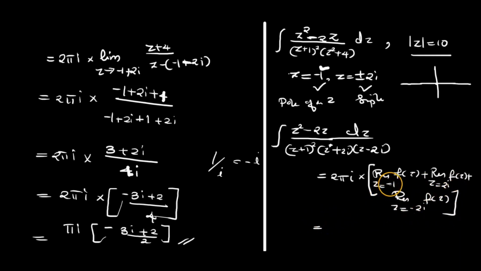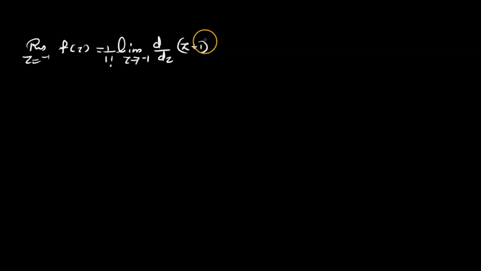The residue at z = −1 we can calculate separately. z = −1 is a pole of order 2, so we can use the formula. Residue at z = −1 of f(z) equals 1 by (2 − 1) factorial, limit as z tends to −1 of d/dz of (z + 1)² times f(z).